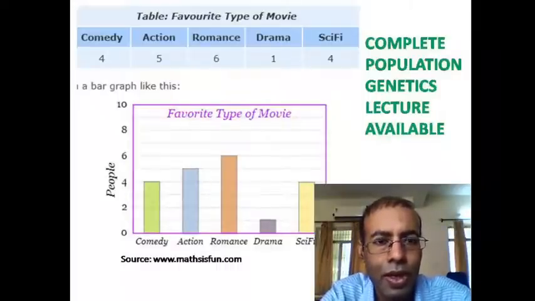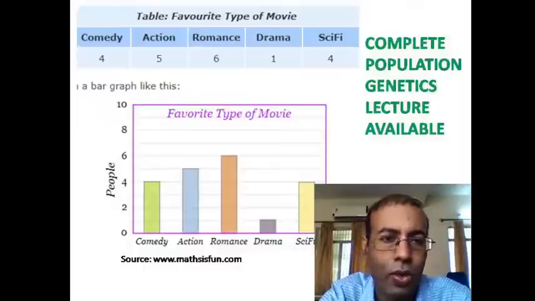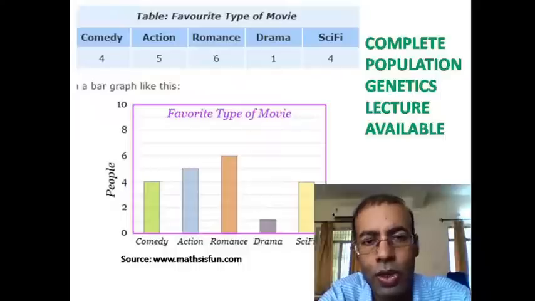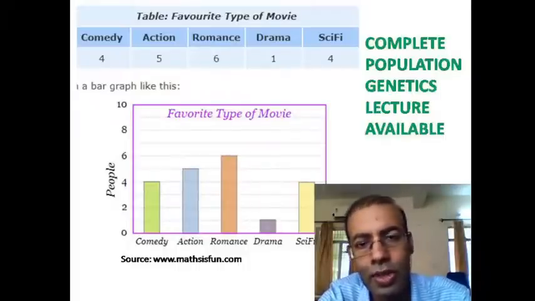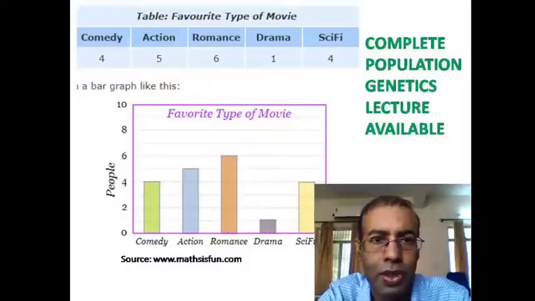Here this simple bar diagram is showing favorite types of movie from the respondents. Four respondents told that they like comedy type of movie, 5 told they like action, 6 told romance, 1 told they like drama and four respondents told that they like science fiction type of movies.